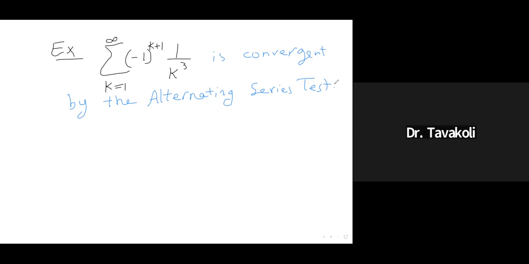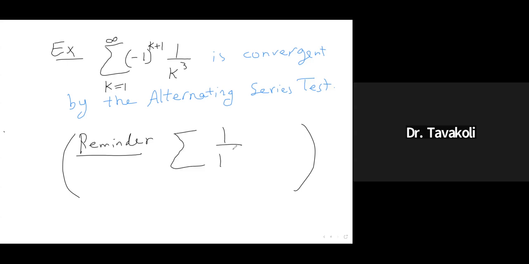However, as a reminder, if I ignore minus 1 to the power of k plus 1, and just consider sigma of 1 over k cubed, k runs from 1 to infinity, it is also convergent. Why?